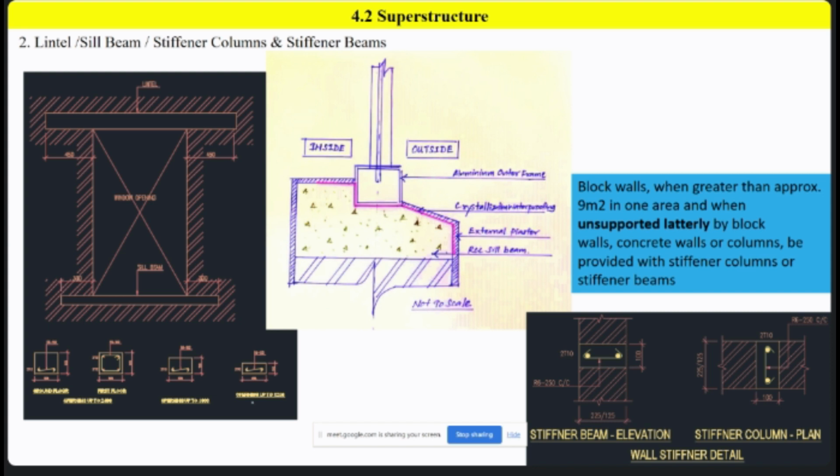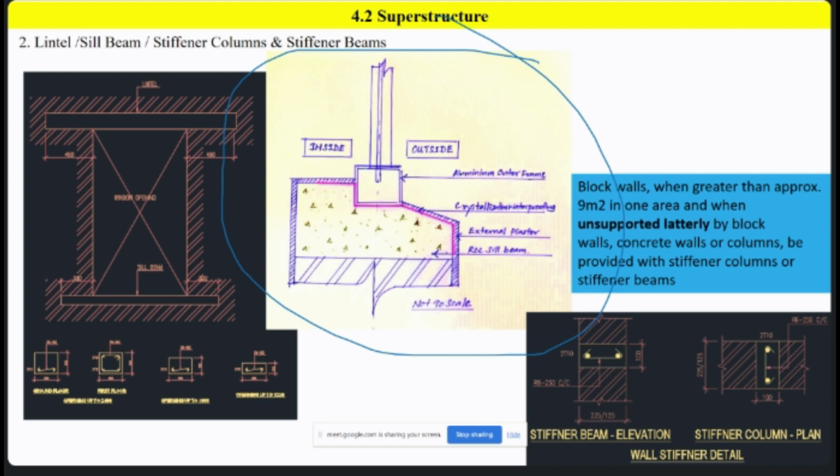Now these lintel schedules and all, I am not going to explain for the time being, just keep that in mind. I am explaining this very important detail: normally we are providing aluminum outer frames. These days we fix aluminum outer frames in the window areas. Definitely you need to have proper waterproofing.